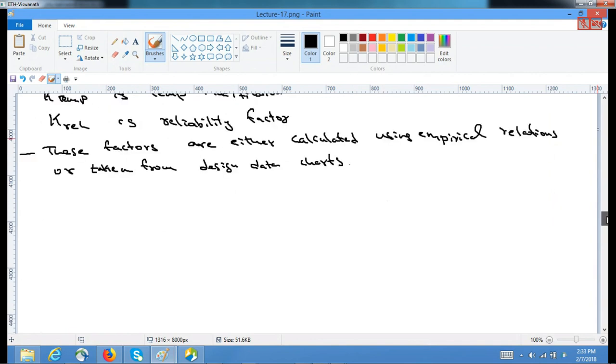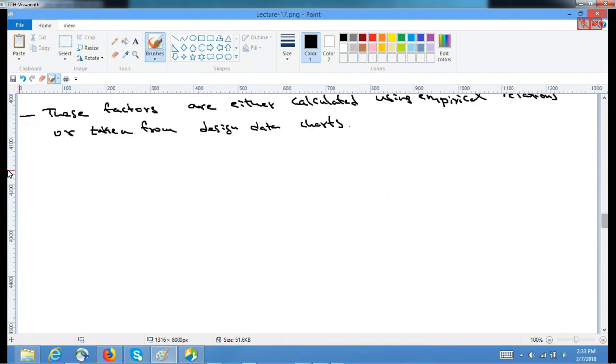For example, if you look at the first one, the surface finish factor.